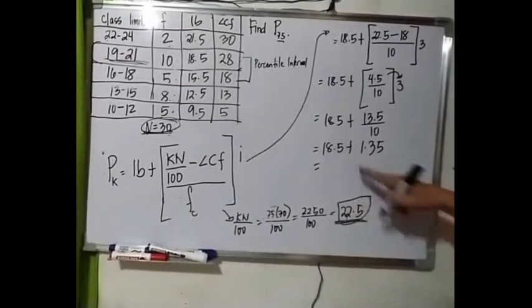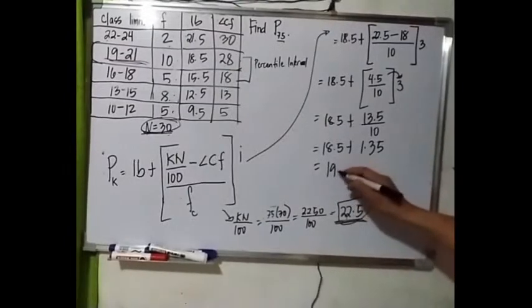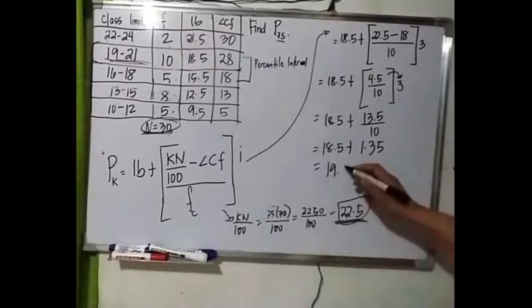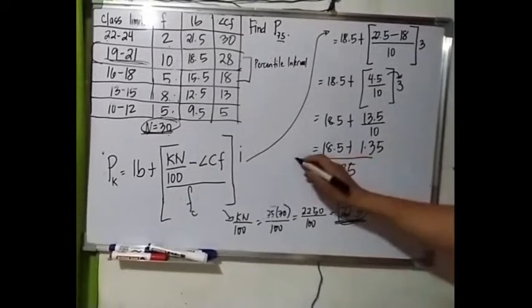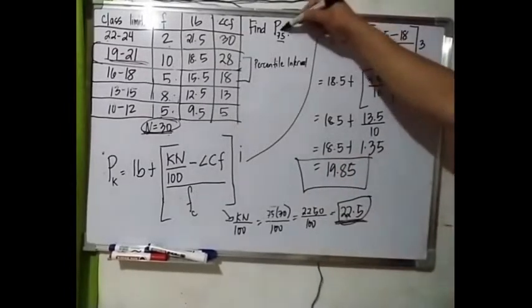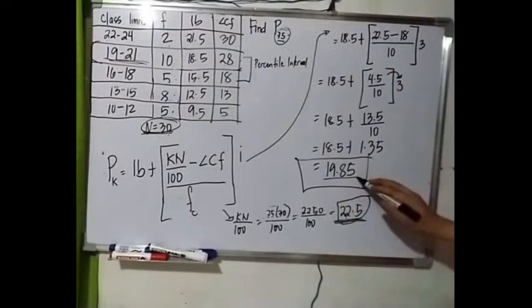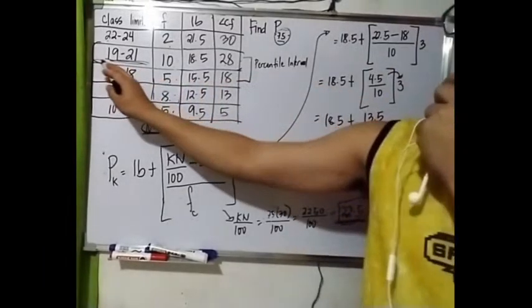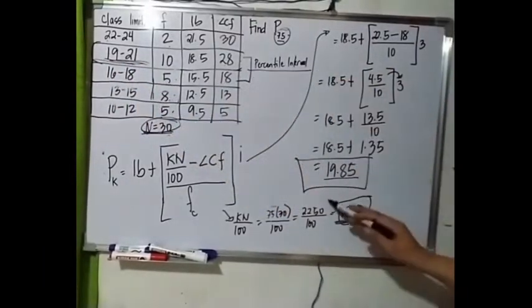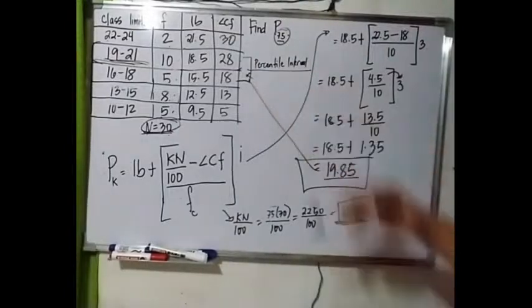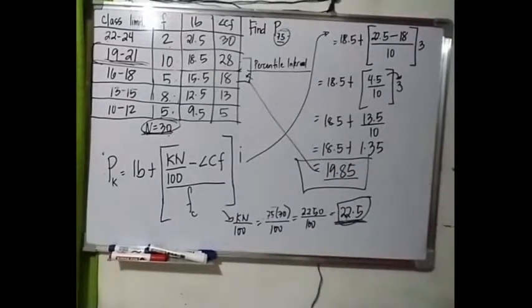So 18.5 plus 1.35, that is equivalent to 19.85. So ito yung percentile 75. 19.85, makikita pa rin yan natin sa percentile interval. So that's all for today.